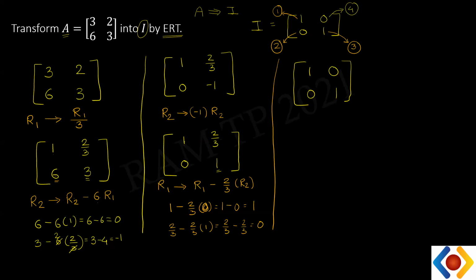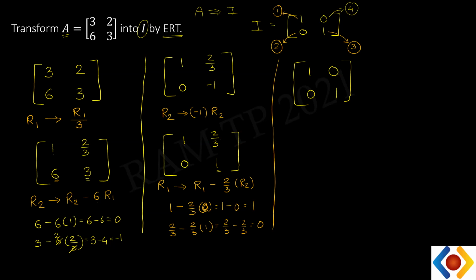Yes, sir, I have a doubt. So K can be anything other than 0, right? Yes, Varun. Okay. Anahita. Yes, sir. In the second last step, where R1 will shift to R1 minus 2 by 3 R2, is it necessary to do that operation on 1 when we know that it won't change after all?